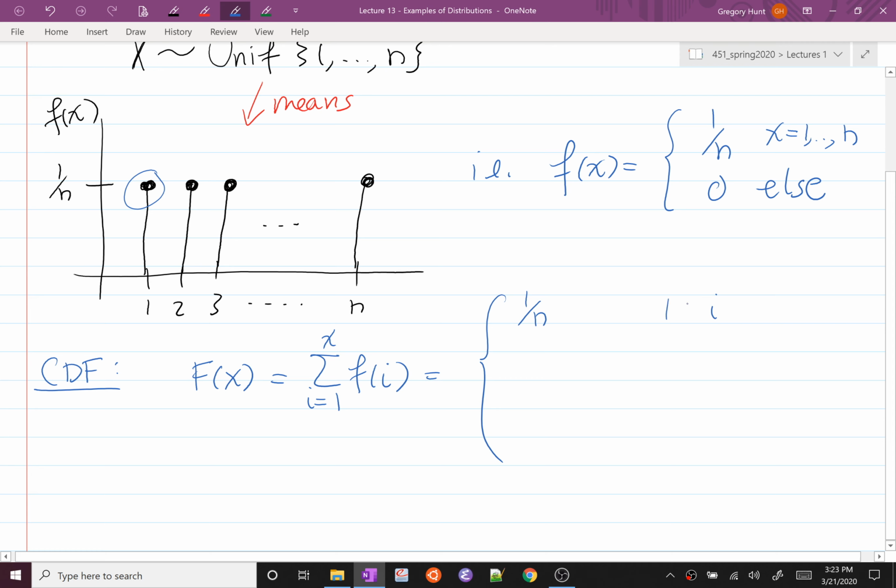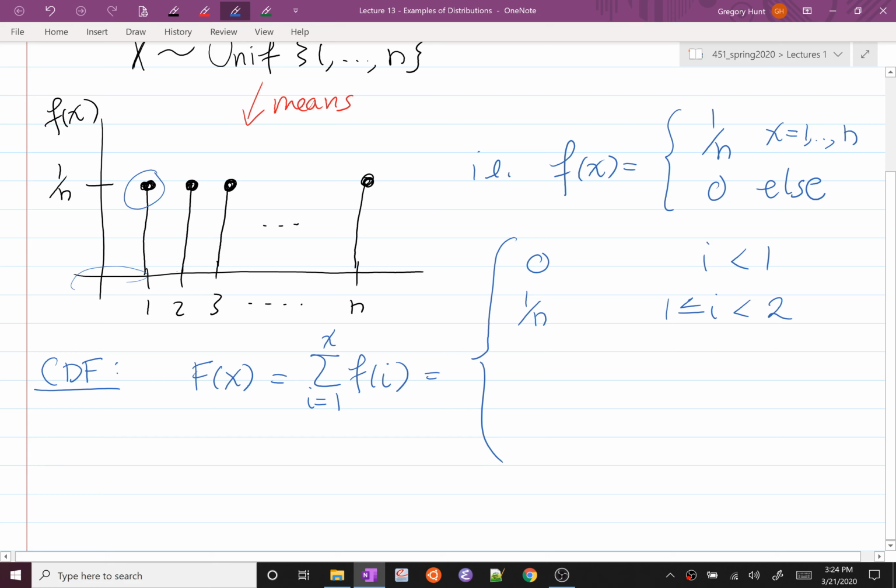The base case here is if x is less than 1, then we're summing all the mass less than 1, which is 0. As soon as it hits 1, it jumps up to 1 over n, so we add that to our sum. Then we continue marching on up to 2.